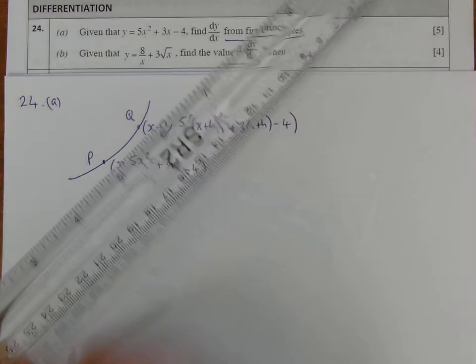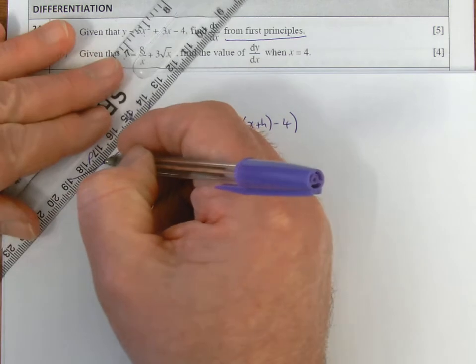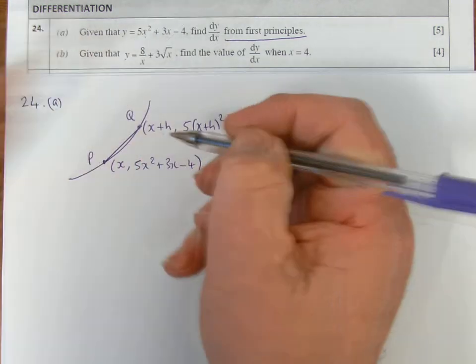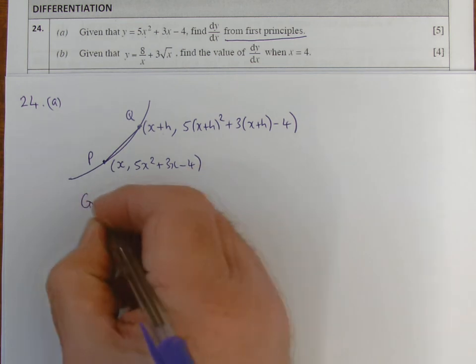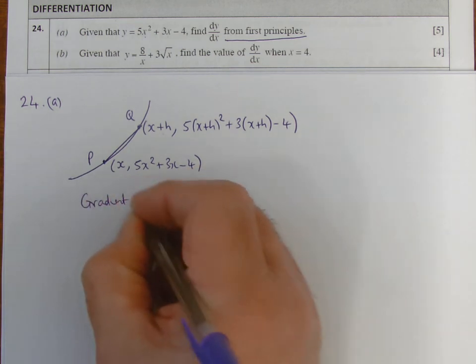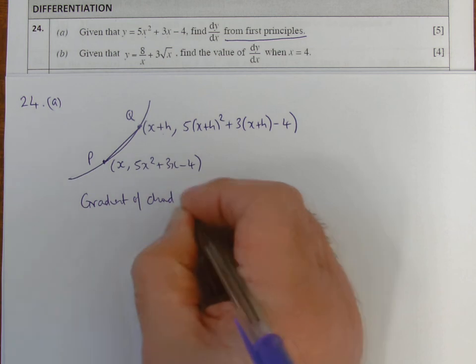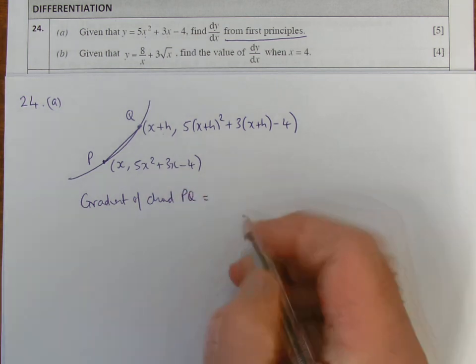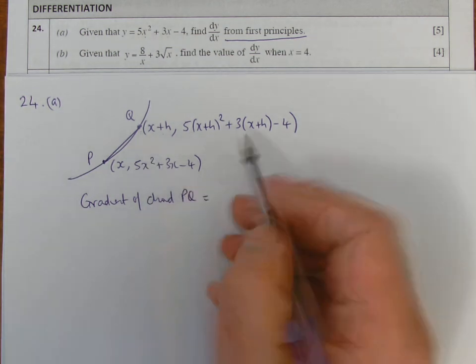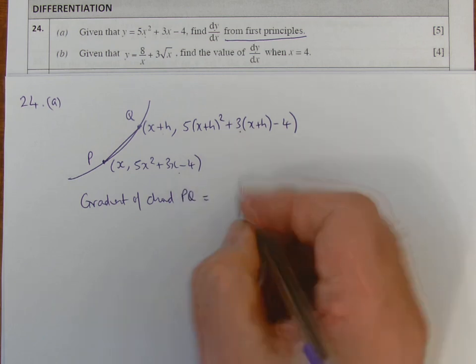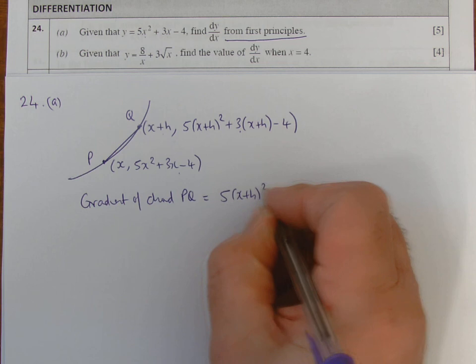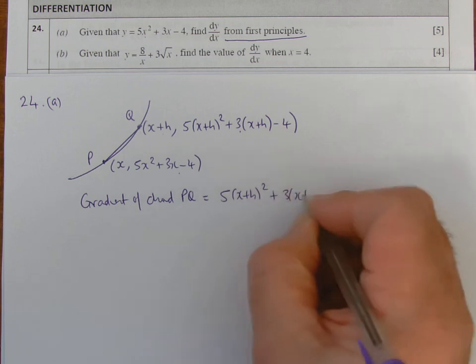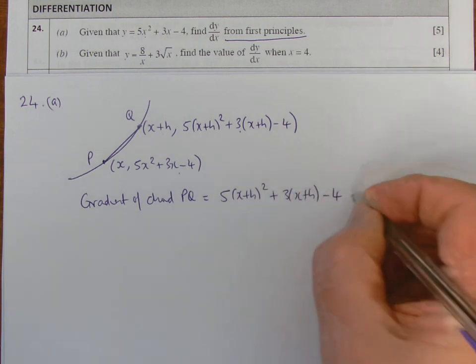So what I do first, if I join P to Q, I get a straight line, that's a chord. So I work out the gradient of the chord PQ. And to work out the gradient of a straight line, it's y2 minus y1, so y2 minus y1.